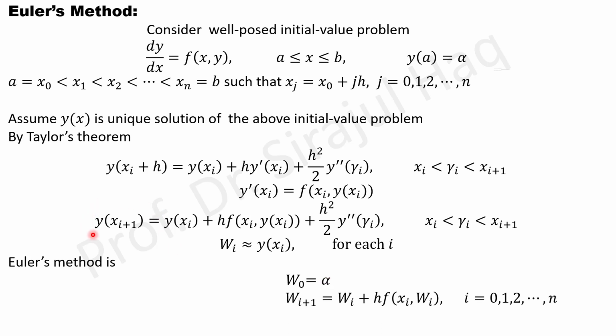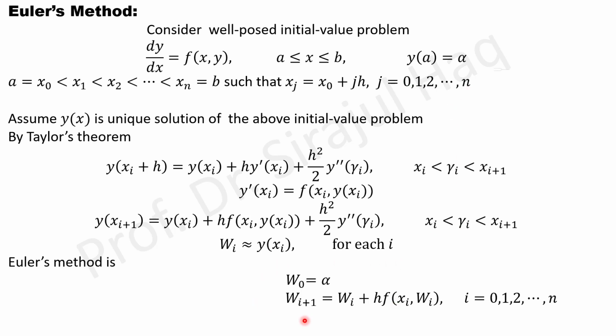And if you look at this one, this is y at x i plus 1. So according to this notation, this will be w i plus 1. This is equal to w i plus h f of x i, w i, and the value of i is starting from 0 and reaches up to n.